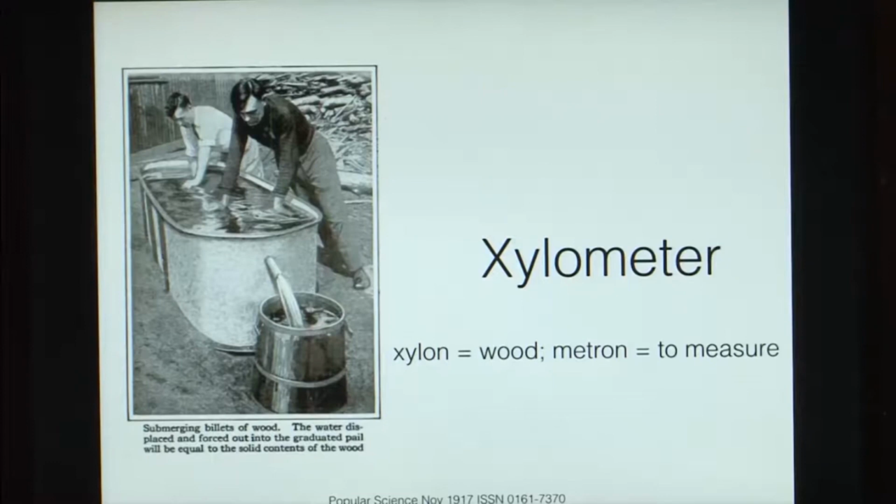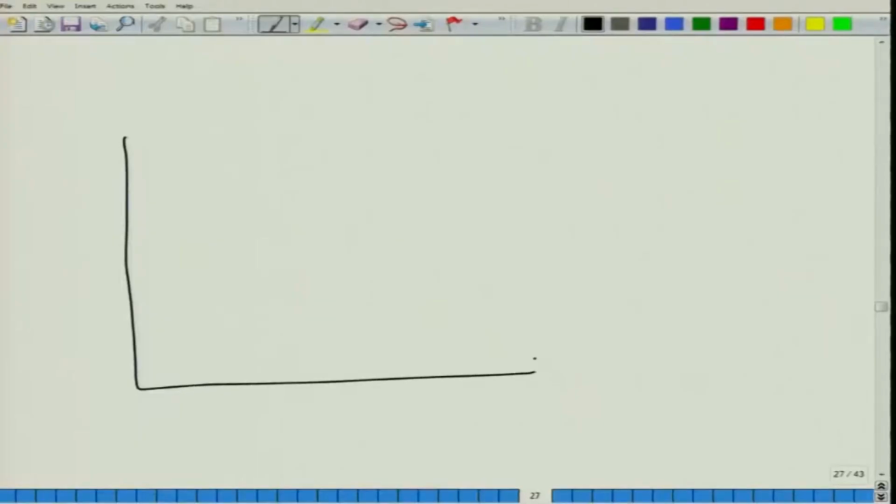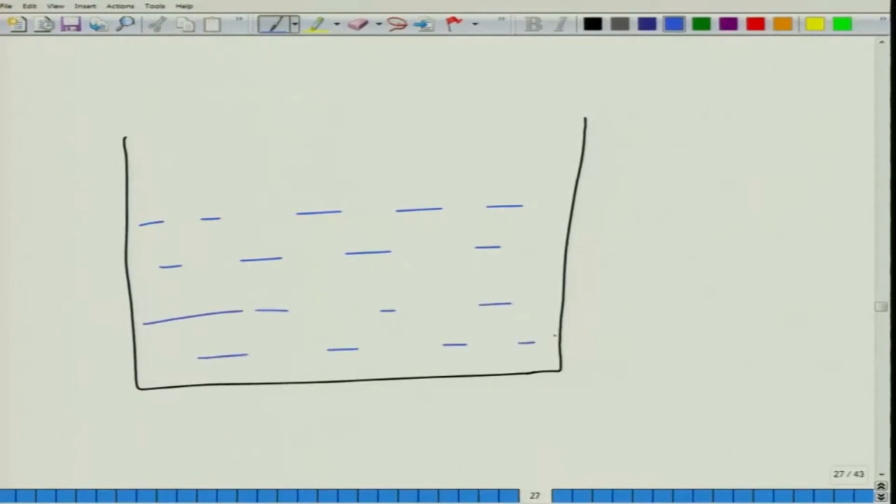So, essentially what these people are doing is that you take a big vat and you fill it with water to a certain level. At this level itself, your vat will have an outlet.